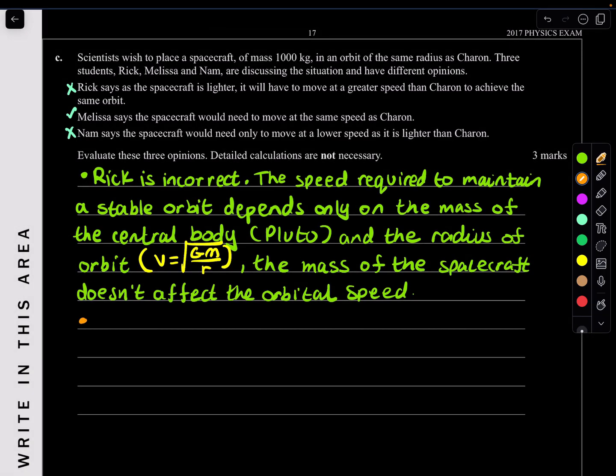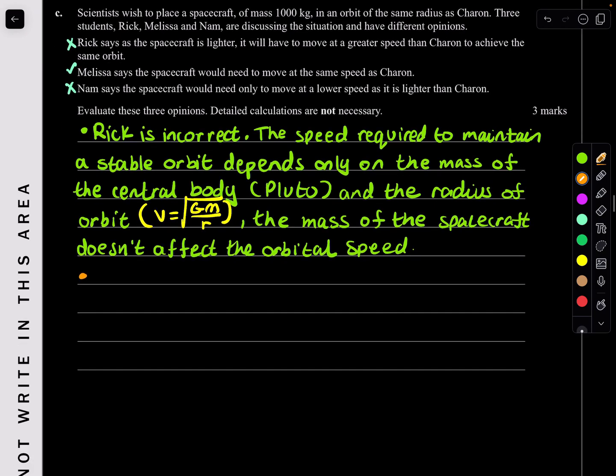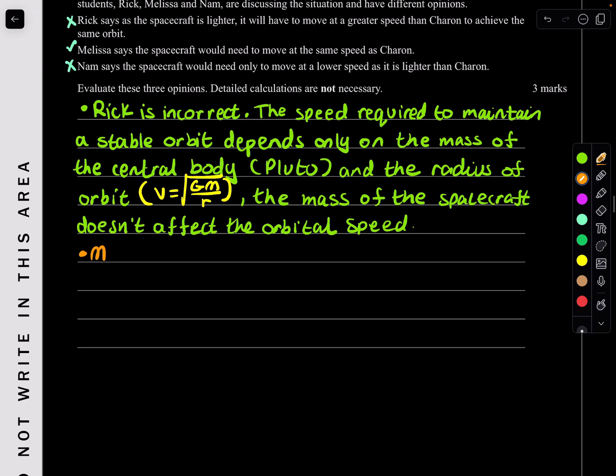So let's also do Melissa. Melissa is 100% correct. Melissa is correct.